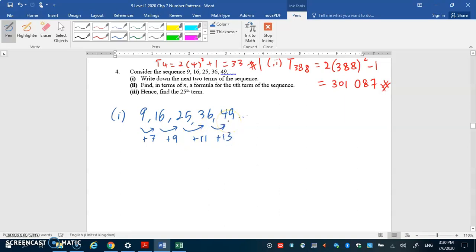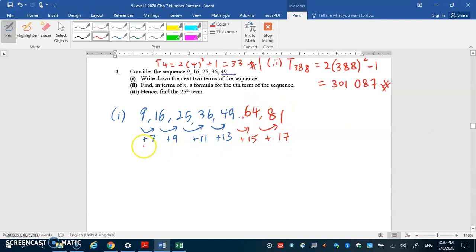So there's no common difference, right? But anyway, for part 1, they only want us to find the next two terms of the sequence. So the next two terms will be plus 15 and that number plus 17, right? Which means the next two will be 64 and 81.